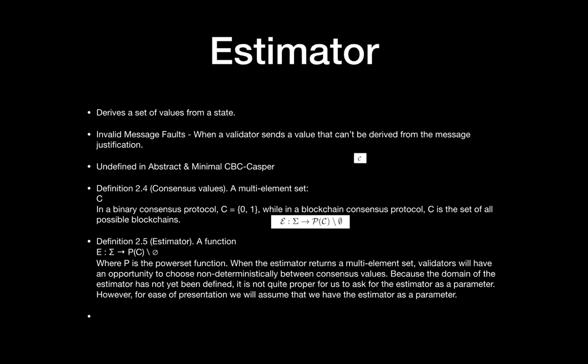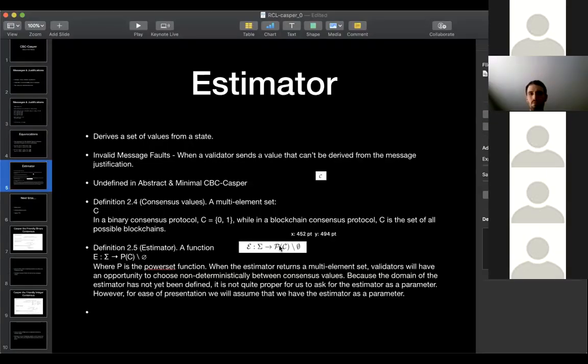So here are the definitions from the paper about what consensus values are and what the estimator function is. Obviously, it's not showing well. Let me just, for some reason. Yeah, cool.